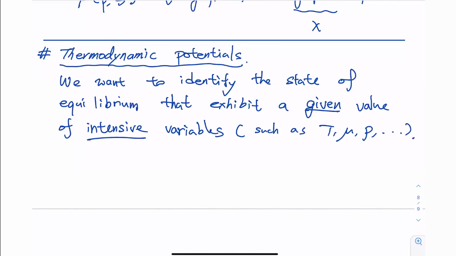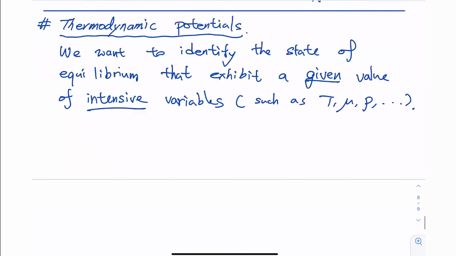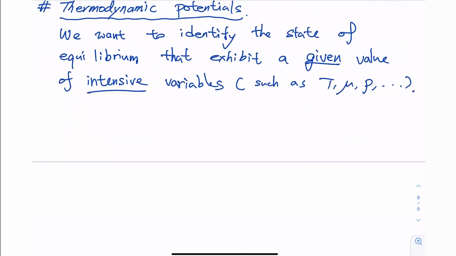Usually what is more physically meaningful is the intensive variables, because the absolute value of the energy, of course, will scale for a bigger system. So we are trying to reduce that effect.